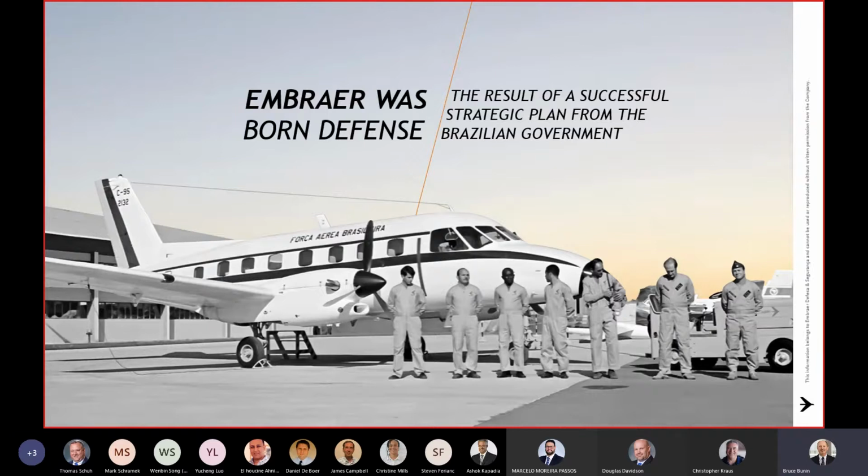It was formed in the 1960s, spinning off of an airplane development program within the Brazilian Air Force and the Institute of Technology in São José dos Campos.